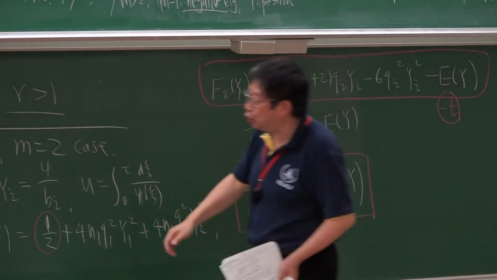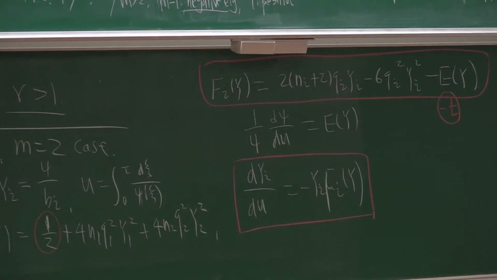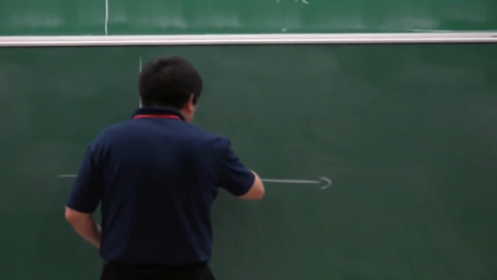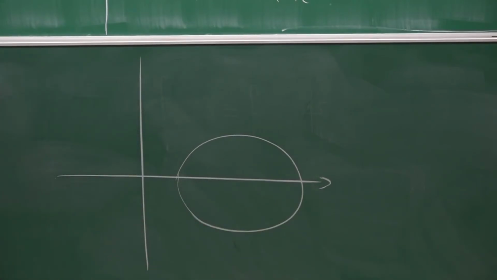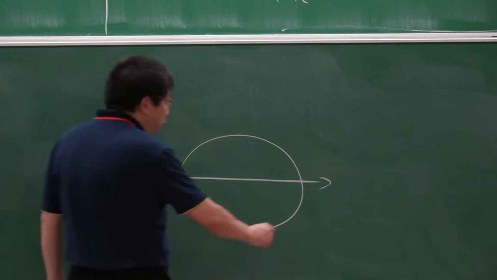So if you draw the picture, because of that one half, this is the ellipsoid Fiy equal to 0, F1 equal to 0.